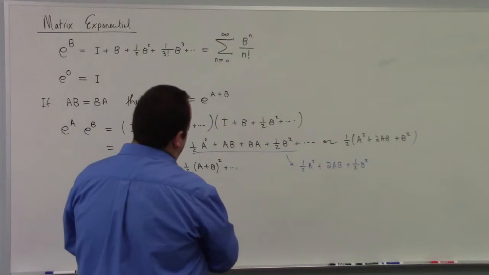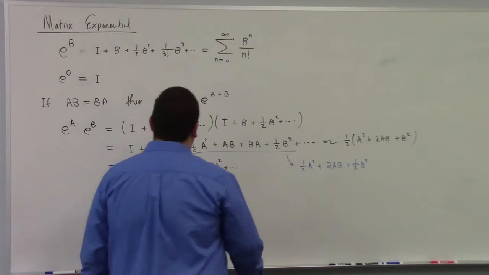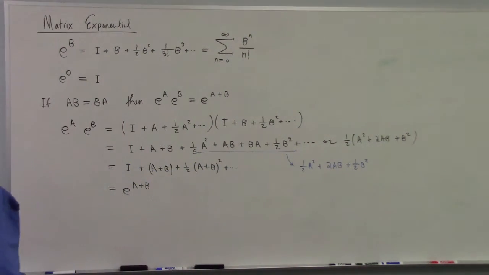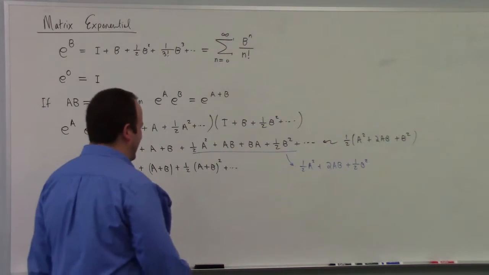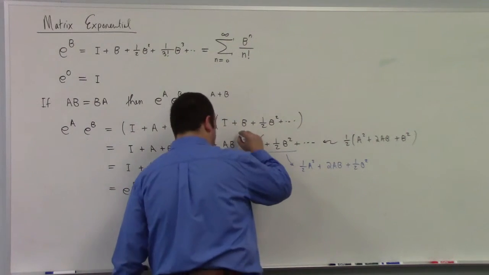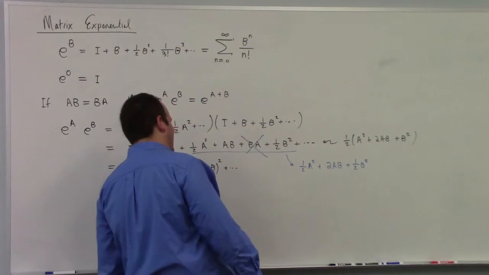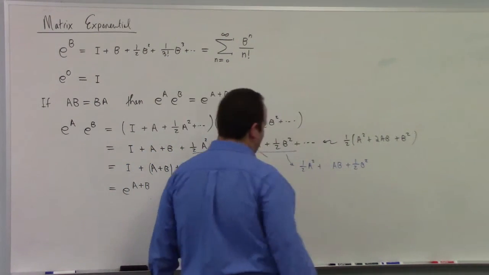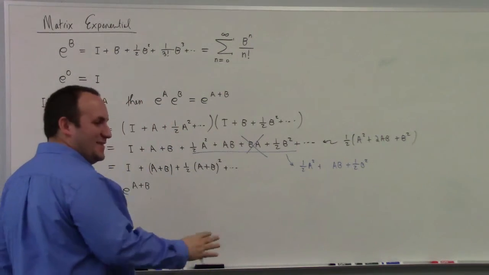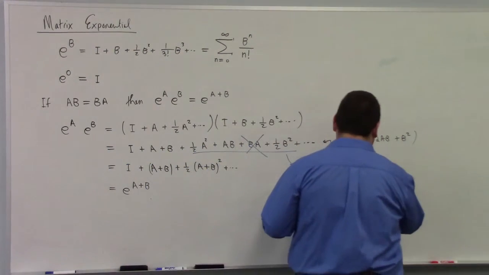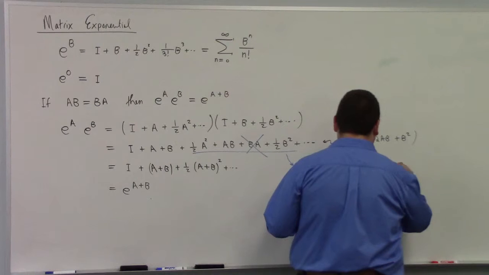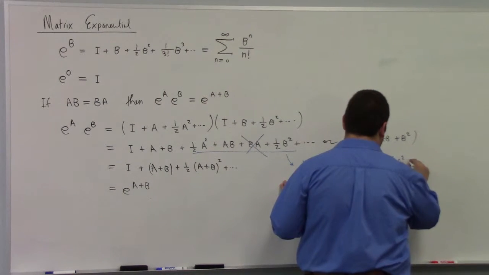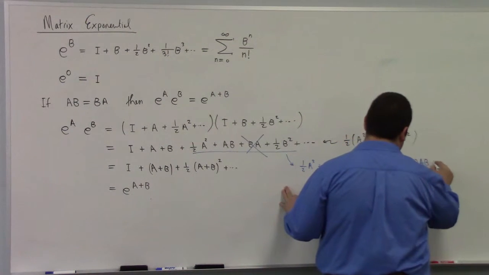Oh, yes. Oh my goodness. Thank you. Yes. Idiot. Me, not you guys. Thank you. The point is that this is 1/2 of A squared plus 2AB plus B squared.